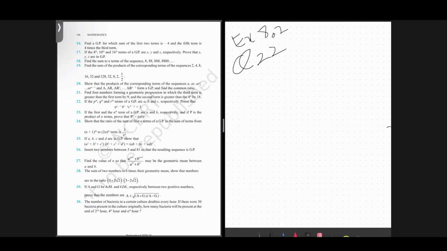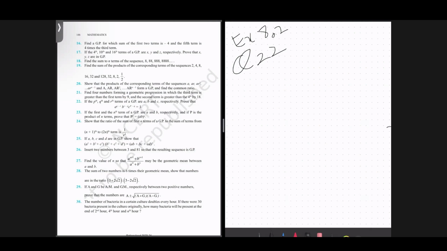So we first assume the pth, qth, and rth terms of the GP as a, b, and c, and then we need to prove that these terms raised to the power q minus r and so on are going to equate to 1. I just substitute the values of a, b, c in the LHS of the proof, and that is how I'm going to arrive at the RHS.